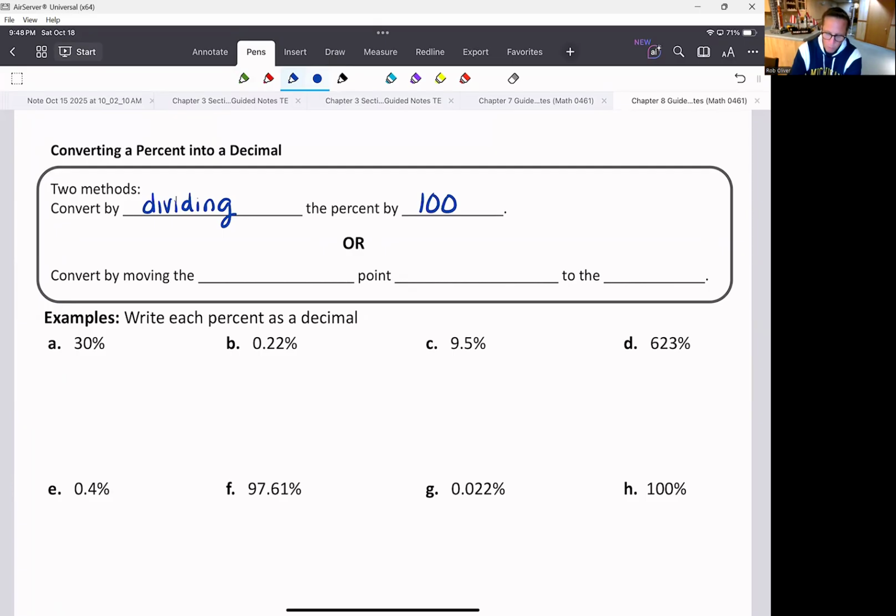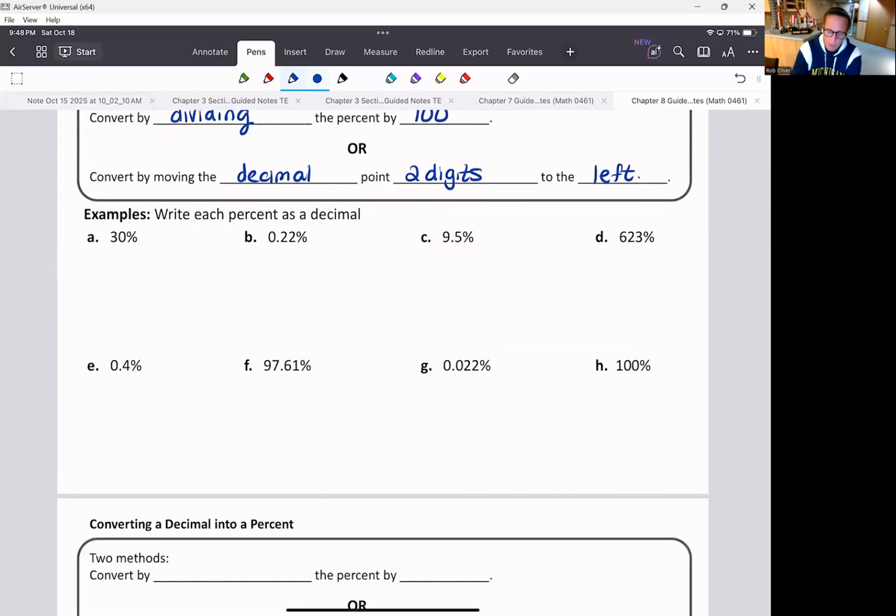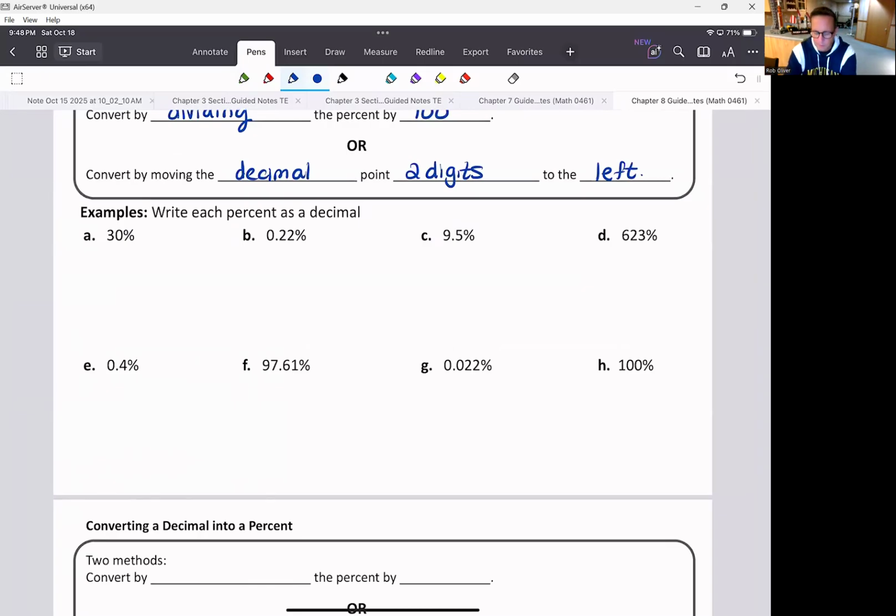Or, as a result of dividing by 100, convert by moving the decimal point 2 places to the left. Both of those things, dividing by 100 or moving the decimal place 2 places to the left, do the same thing.